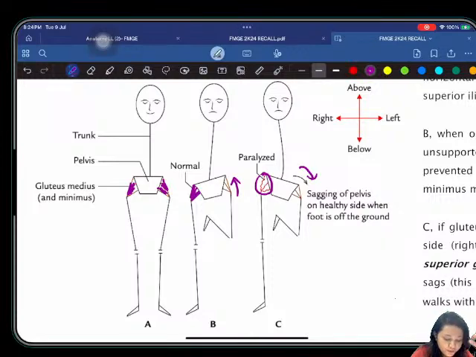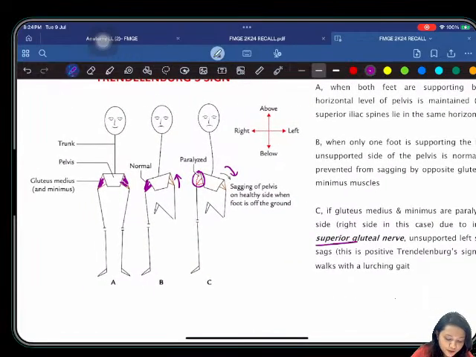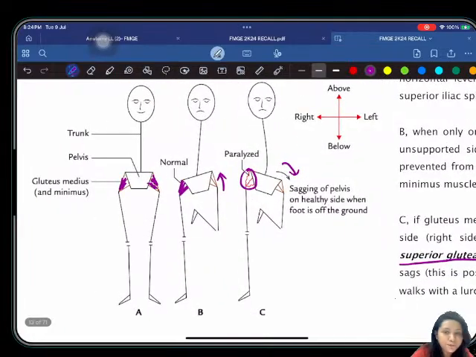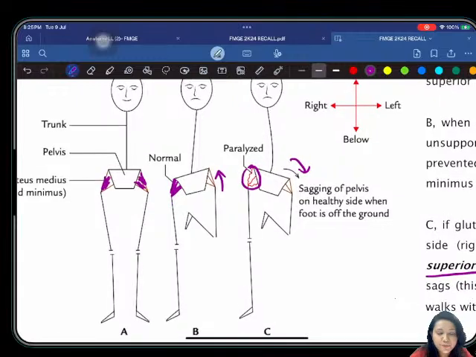That is what we studied about the Trendelenburg sign. The nerve supply is the superior gluteal nerve. This sign is used to observe the abduction of the hip joint.